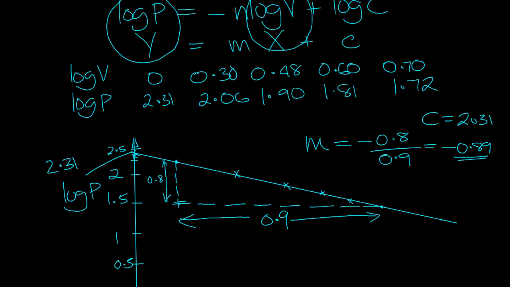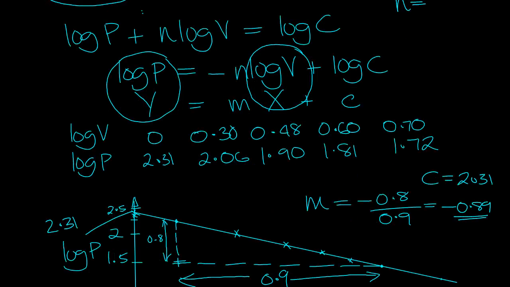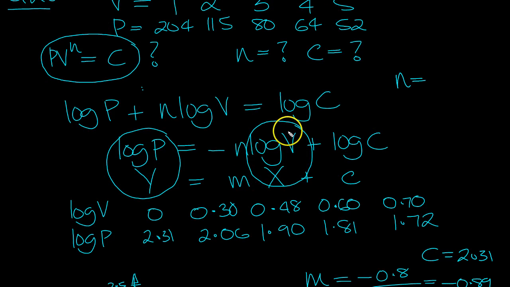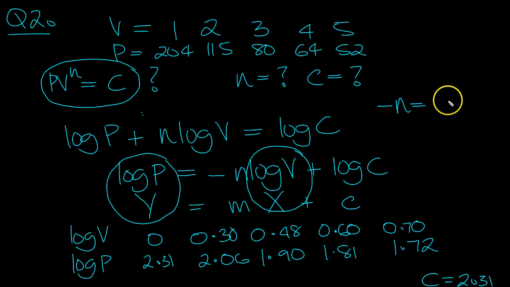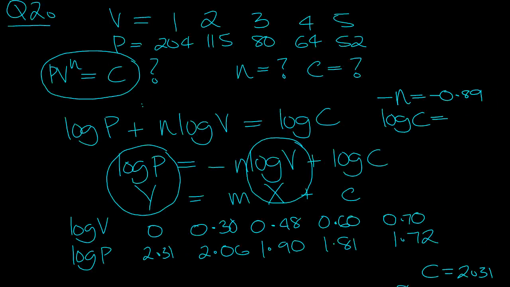So let's go back to the original then with our values, minus 0.89. So m, which is minus n, equals minus 0.89. And log C is equal to 2.31.